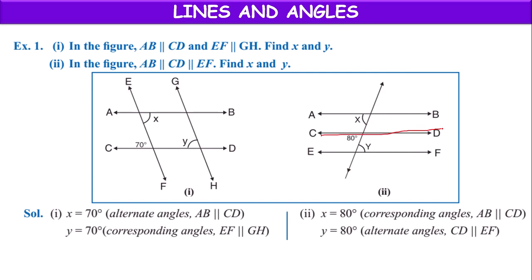CD is parallel to EF, and this is the transversal. Transversal left side, this line downside, transversal right side, this line upside, opposite angles are equal, alternate angles. So Y equals 80 degrees. Like this, we can find the angles.